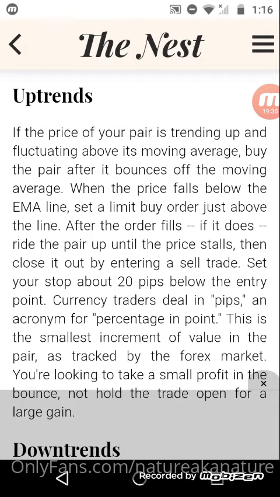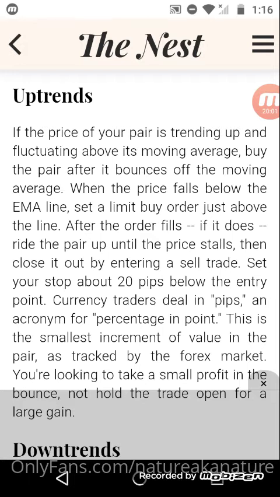Price goes up and down, so now it's a new trend, and you want to enter sell trades. Then you set your stop 20 pips above the entry point of that sell trade, and you ride that down until it does the same exact thing.